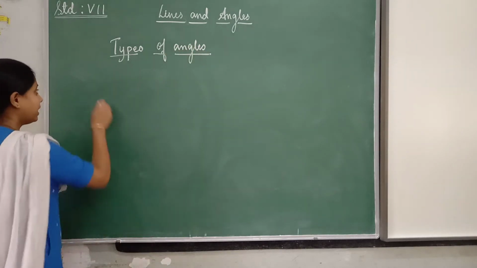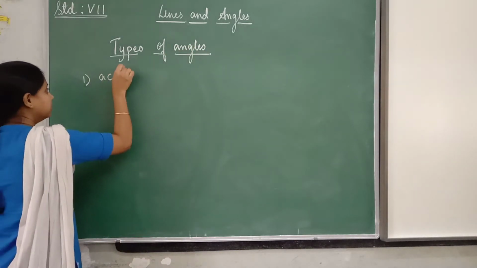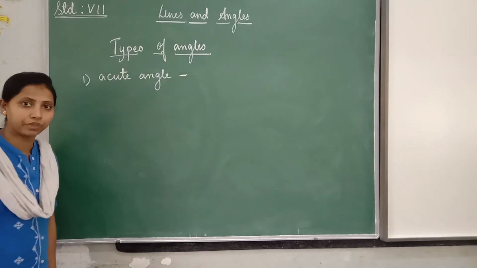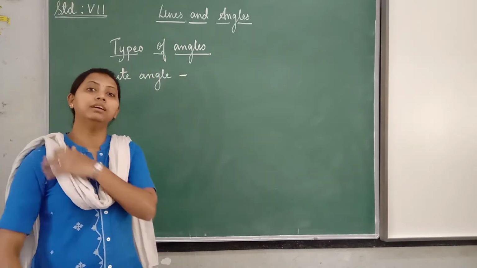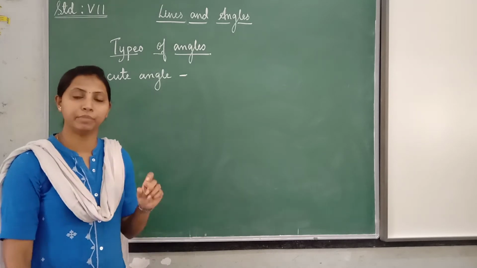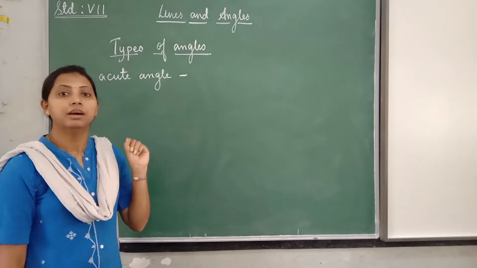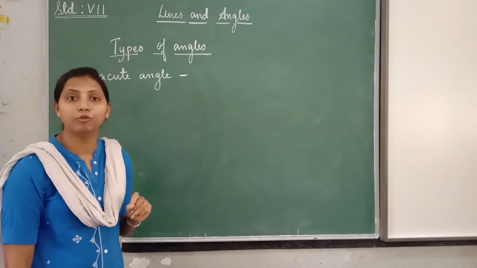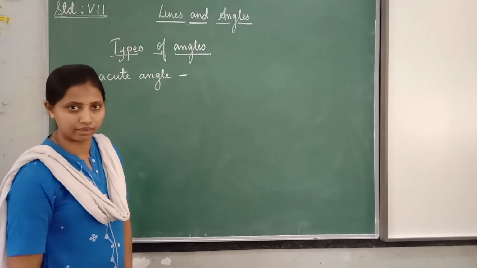Yes. So the first one is acute angle. What do you mean by acute angle, children? Acute angle means when the angle measurement is more than 0 degree and less than 90 degree, then the angle formed is called an acute angle.